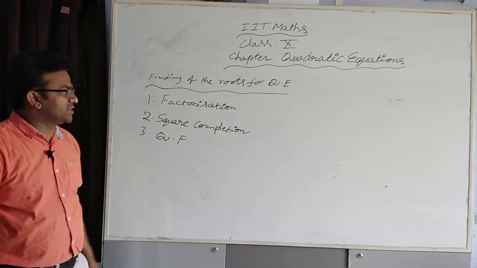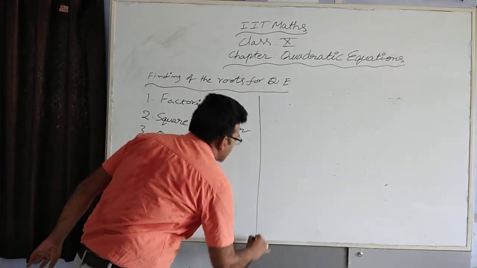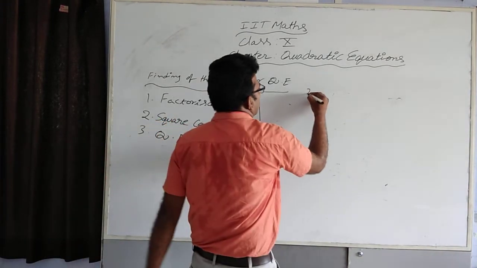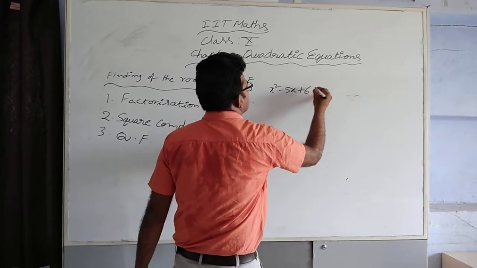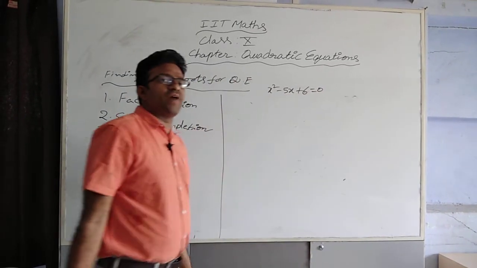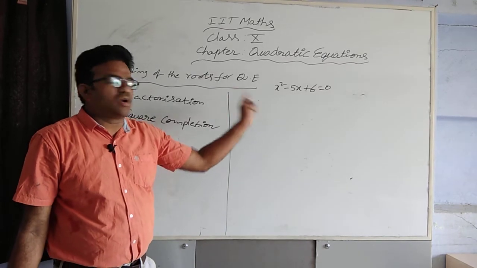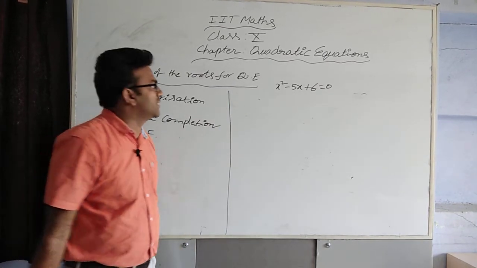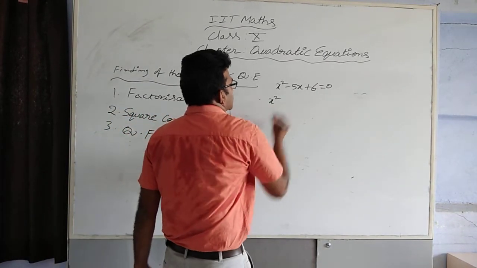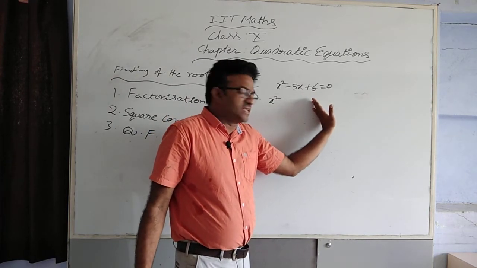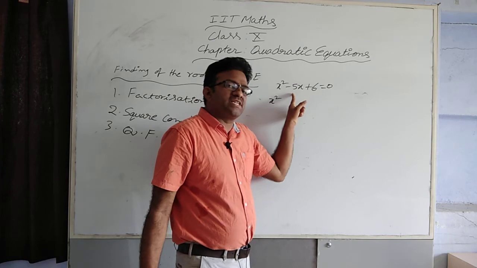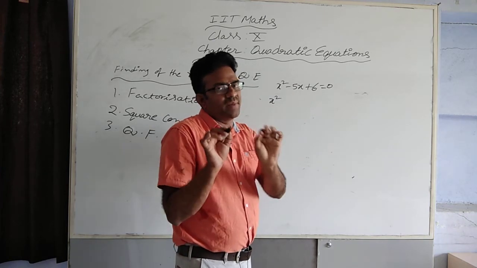First, the factorization method. I am going to explain with an example: x square minus 5x plus 6 equal to 0. I want to find the roots of this quadratic equation by the factorization method. The product gives us plus 6 and the addition gives us minus 5, so minus 3 and minus 2.